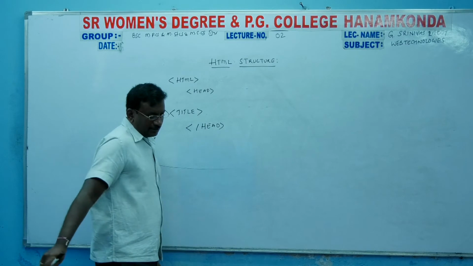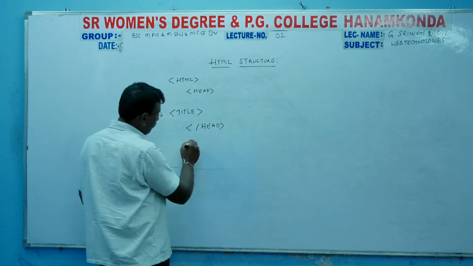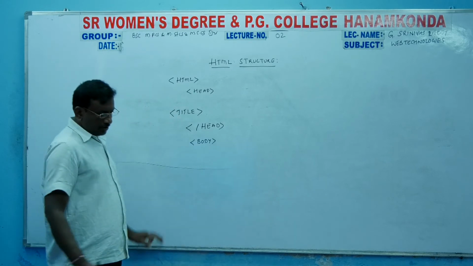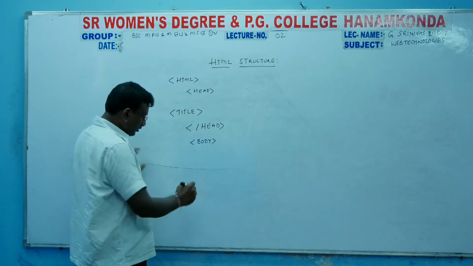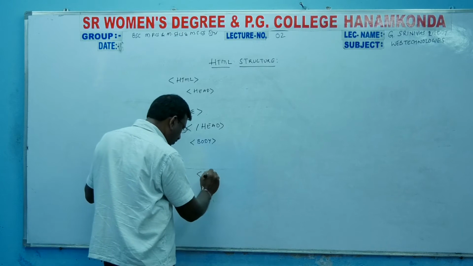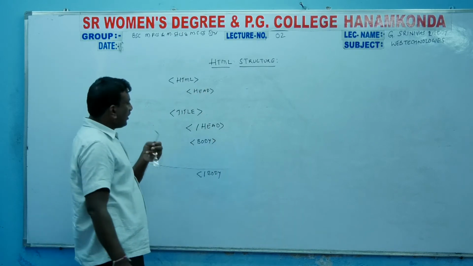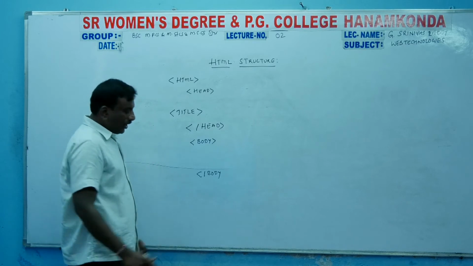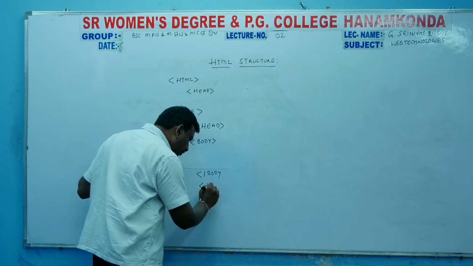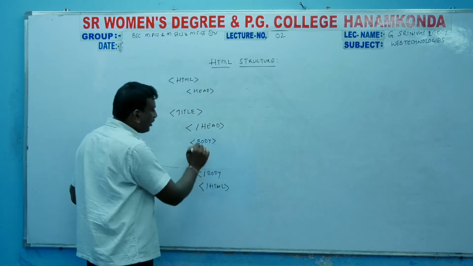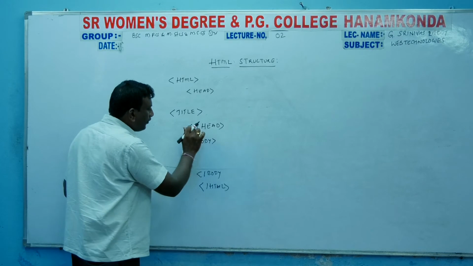And after writing the title, next is the body, the actual content of the system. Next, body close. You can write in capital letters or small letters, as you wish. Close means a backslash before the tag.